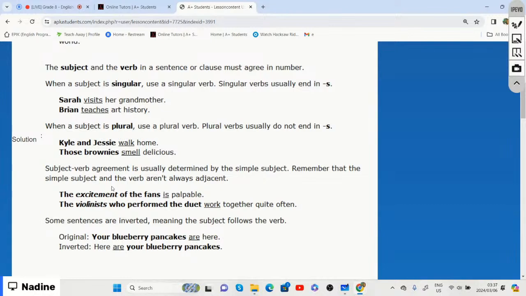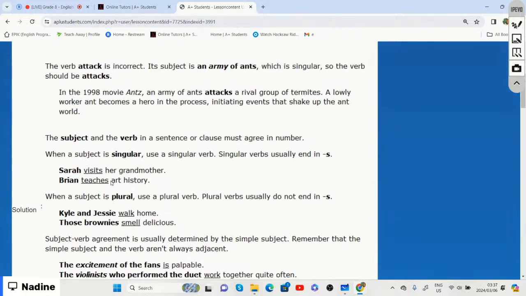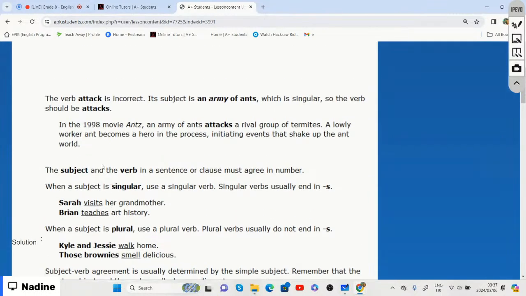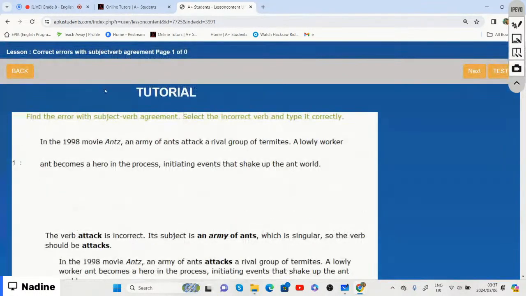All right. So we need to find the error with subject-verb agreement. It says, in the 1998 movie Antz, an army of ants attack a rival group of termites. A lowly worker ant becomes a hero in the process, initiating events that shake up the ant world.